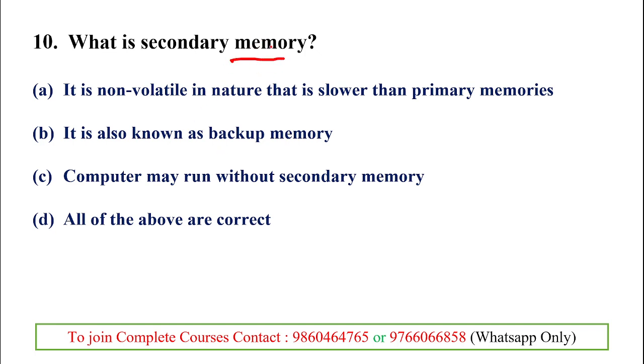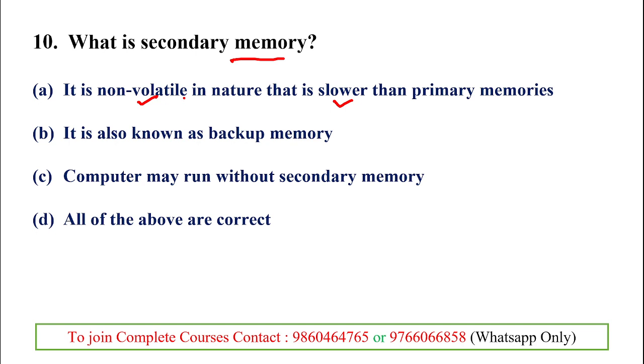And what is secondary memory? In this question, you can learn what secondary memory is and its features. It is non-volatile in nature and slower than primary memories. That means when the electricity goes out, the information in the secondary memory does not go away. Clear?